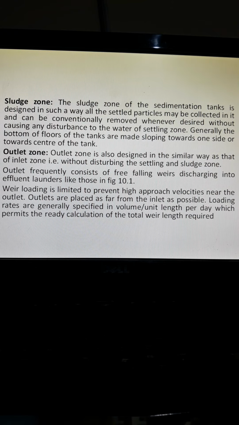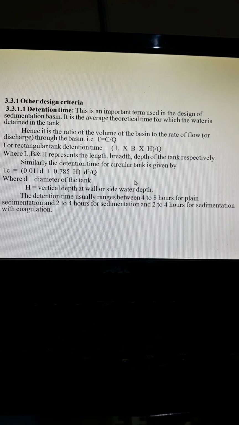We already discussed how an ideal sedimentation tank is divided into 4 zones. From the entry of water into the tank, hardly 1 or 1.5 meters up to that is called the inlet zone.